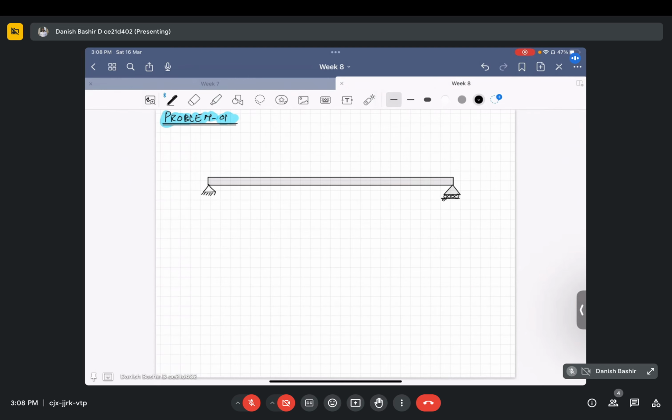Then it is having two more intermediate supports at equal spans, one more intermediate support here and one more intermediate support here, and these all are equal spans of length 400 mm.